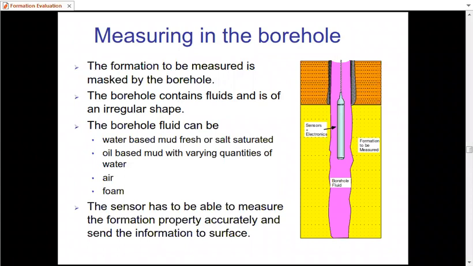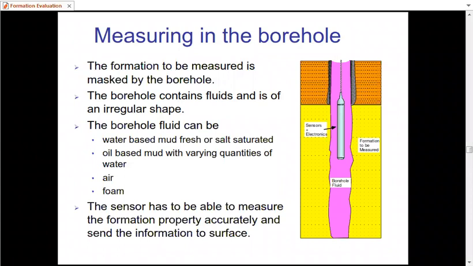The borehole fluid can be water-based mud, fresh or salt-saturated mud, or oil-based mud with varying quantities of water, and it can also be air or foam. The sensor has to be able to measure the formation property accurately and send the information to surface.